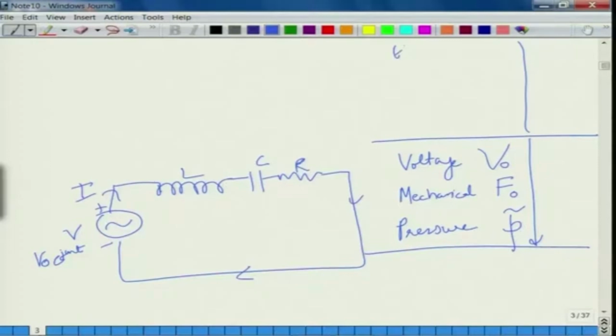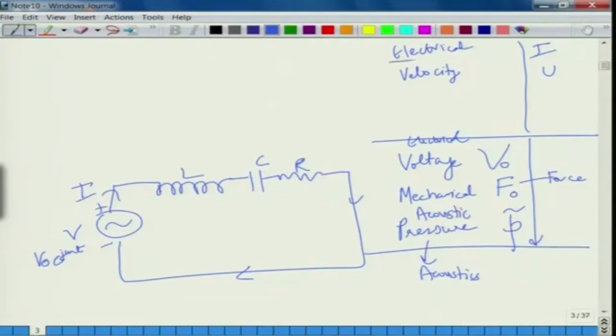So, in electrical systems it is the current I, and in mechanical systems it is the velocity of the body, say V naught, or maybe you should use some different thing, U. Same thing in acoustics. So, here you have obviously force and electrical thing, this is acoustics, acoustic pressure.